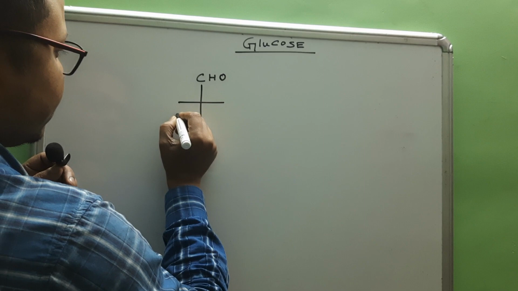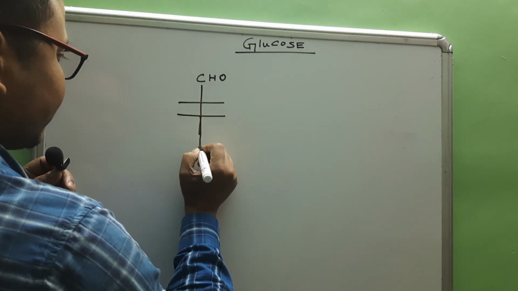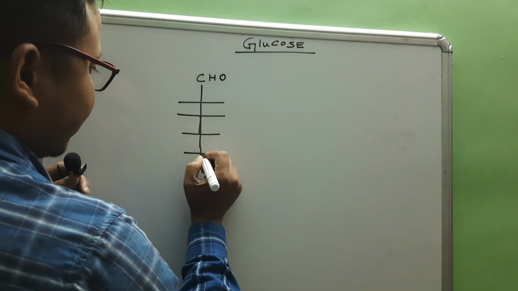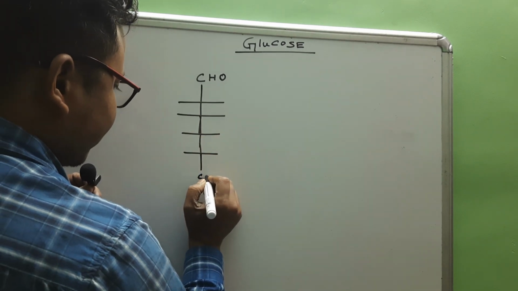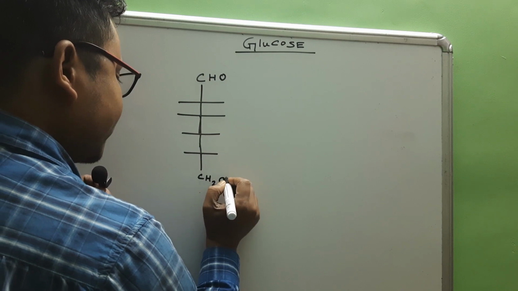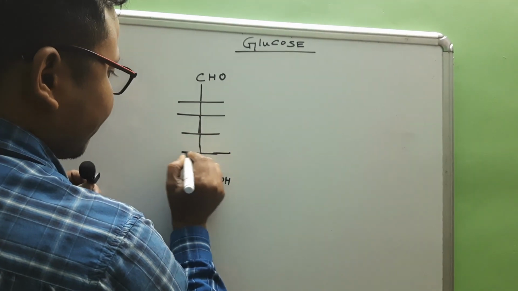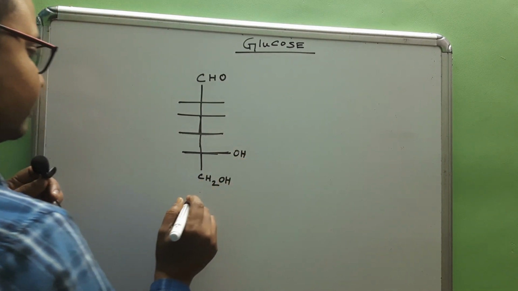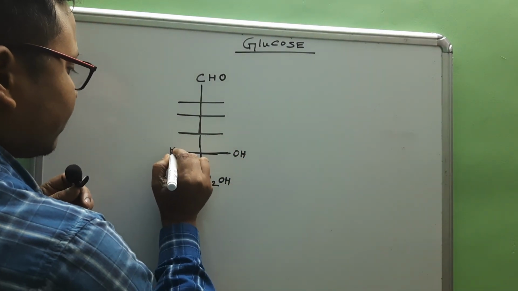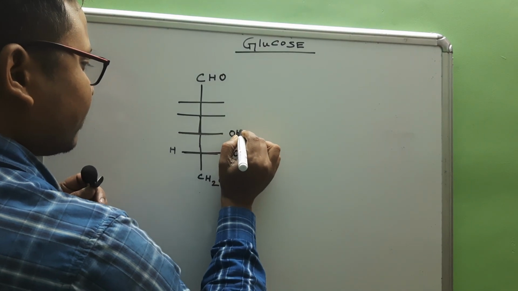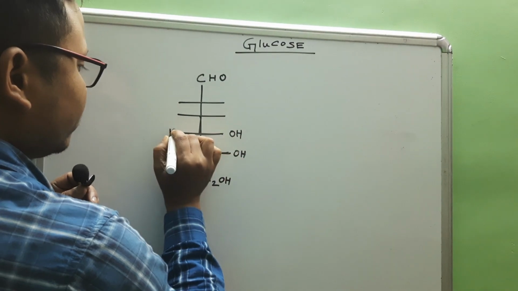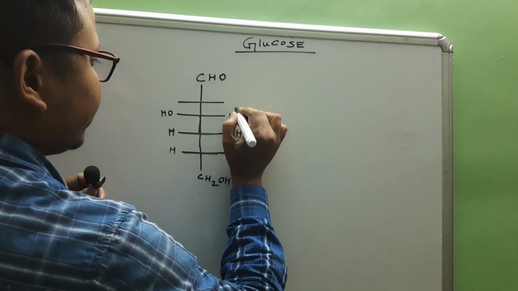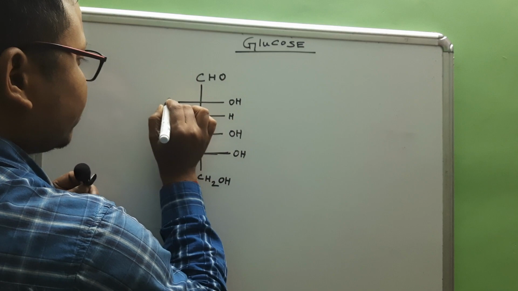There are a total of 6 carbon atoms, 1 2 3 4 5 6, and each carbon atom has a definite role in determining the properties of glucose.